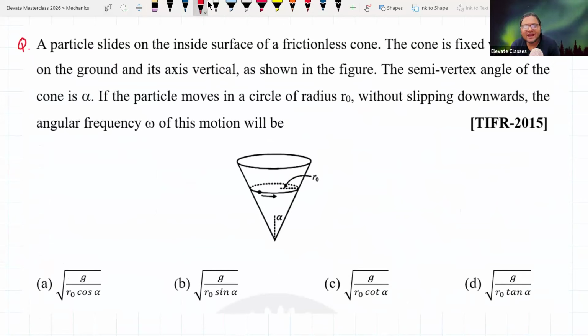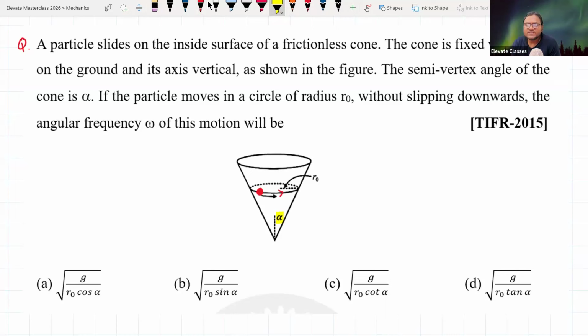A particle slides on the inside surface of a frictionless cone. There is a particle which is sliding on the inside surface of a frictionless cone. The cone is fixed with its tip on the ground and the axis vertical as shown. The semi-vertex angle is alpha.